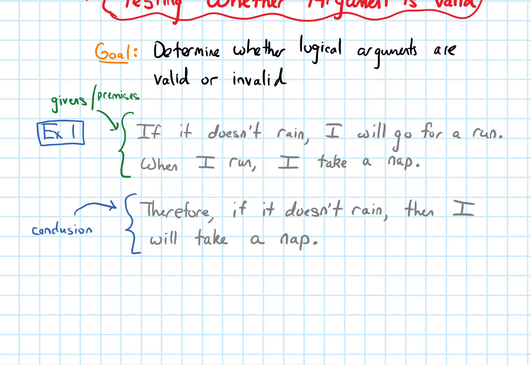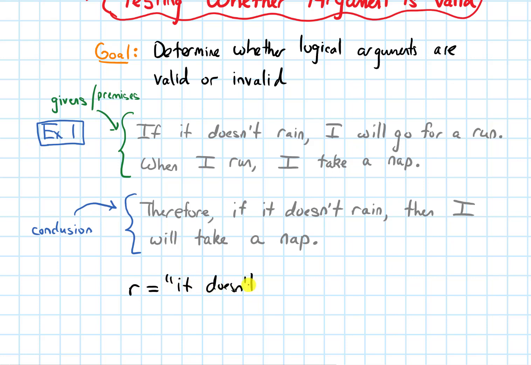Alrighty, so I want a systematic way to determine whether this argument is valid or invalid, and we're going to use logic for that. Although, after reading this on an intuitive level, hopefully you might see that it seems like this is a true statement. So I'm going to label some of the propositions that show up here. I'm going to let R be the proposition that it doesn't rain.